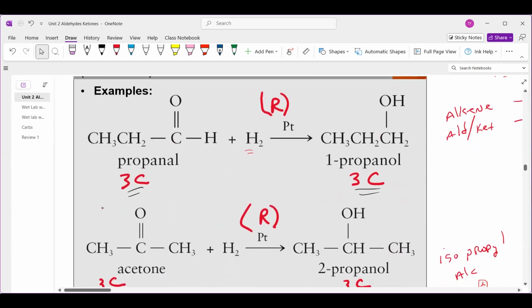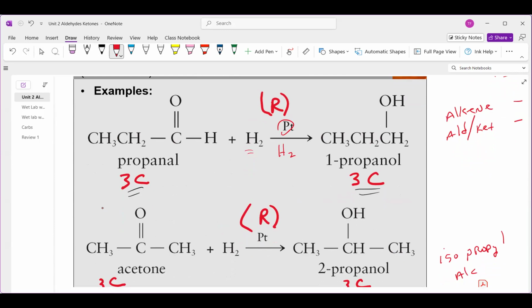So for example, here we've got propanal, a 3-carbon aldehyde, catalyst, plus hydrogen gas, produces propanol, a 3-carbon primary alcohol.